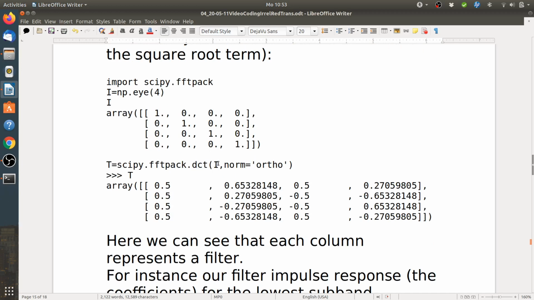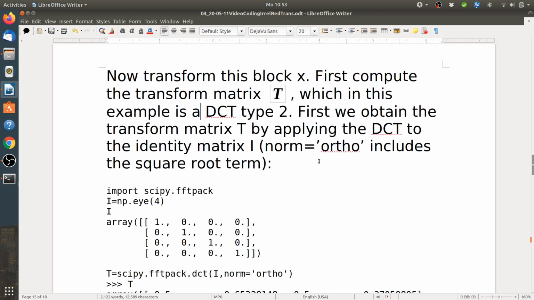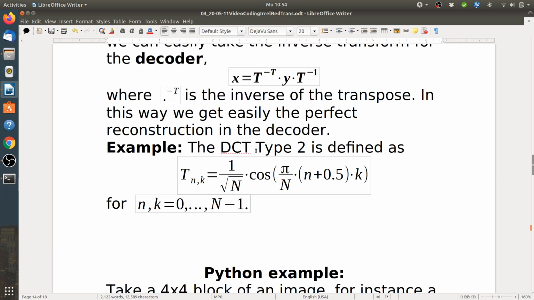Here's the argument, the identity matrix. Here norm equals ortho means we have this factor 1 divided by square root of capital N, which we saw here. So this factor comes from norm equals ortho.